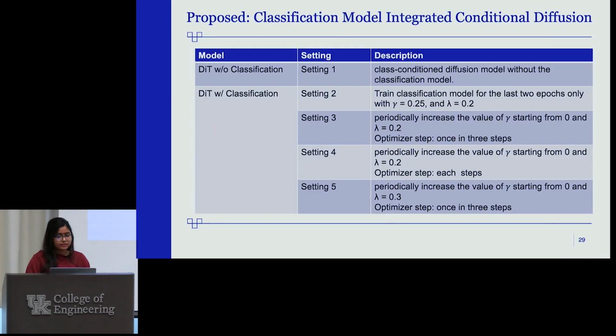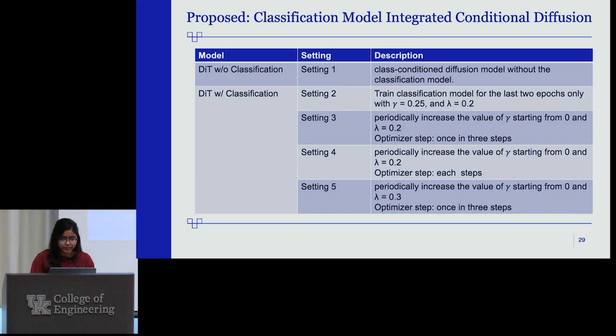Based on these two hyperparameters, we have 5 different settings. Setting 1 is just training the diffusion model without integrating any classification model, just the normal diffusion process. As you know, the diffusion model has lots of parameters compared to the classification model, so it will take more time to train.